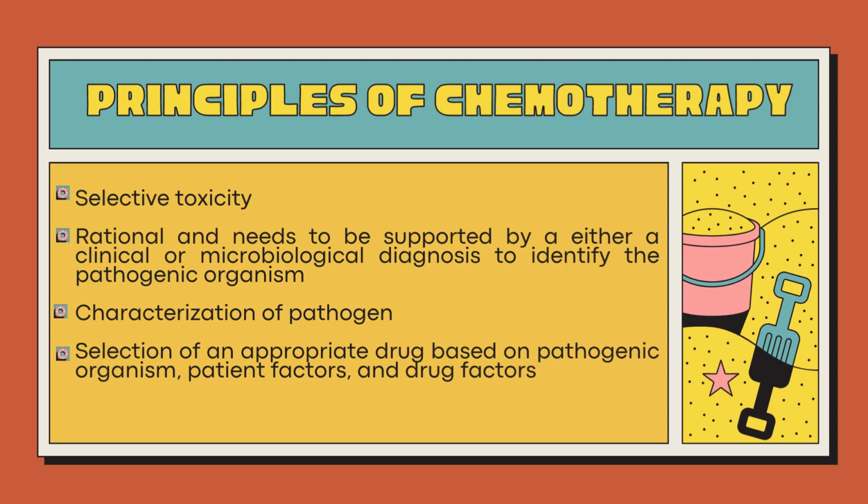Moreover, selection of an appropriate drug is based on the pathogenic organism, patient factors, and drug factors. If possible, it is better to use a narrow spectrum antibiotic, which is more selective and thus causes less interference with the normal resident bacteria.